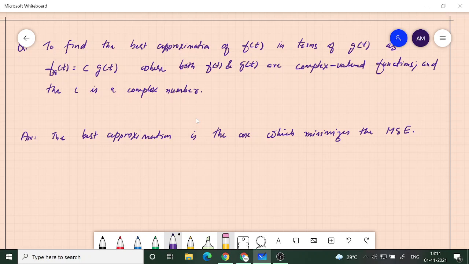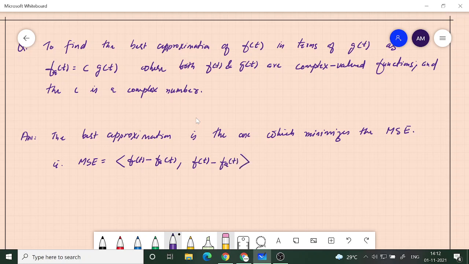So what is MSE? MSE is equal to the original function's difference with the approximate function, which we call f_A of t, inner product with itself: f of t minus f_A of t.